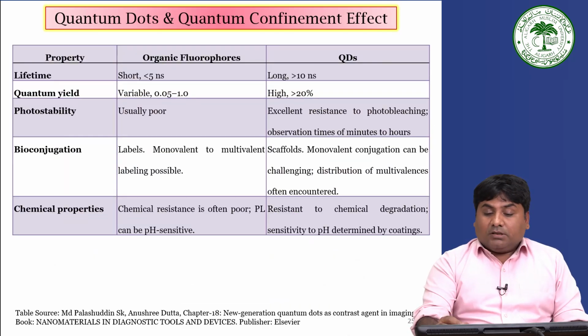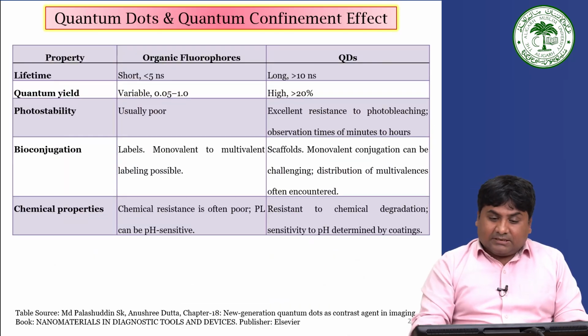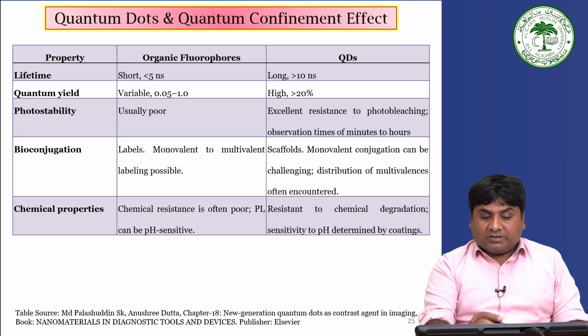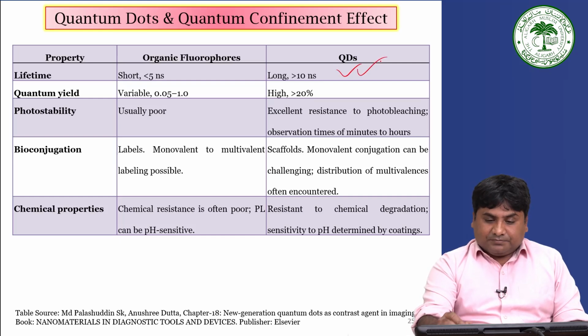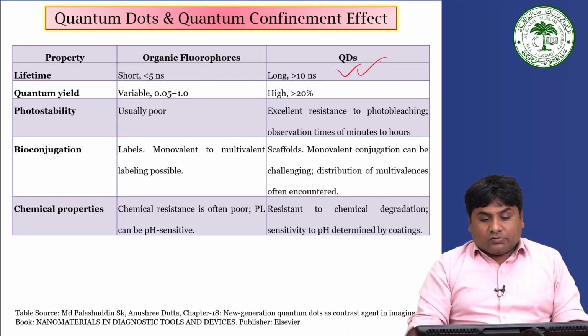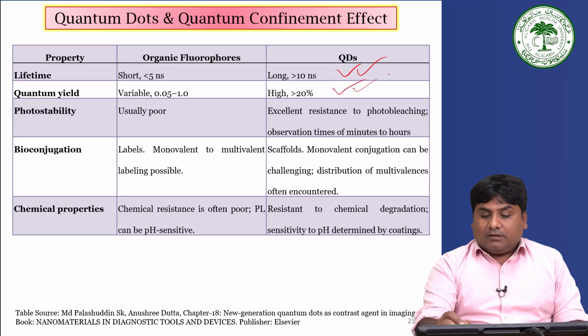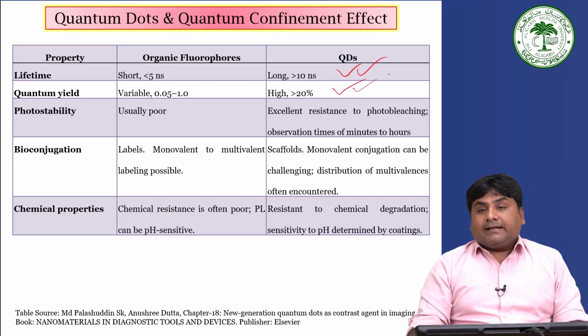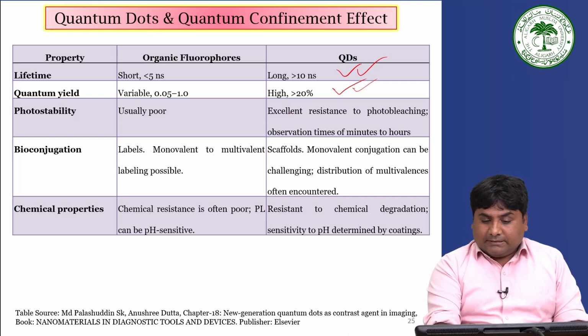Also, quantum dots have longer lifetime in comparison to the fluorophore. It shows high quantum yield above 20%, and the important thing is that quantum dots are very photostable. It has excellent resistance to photobleaching.